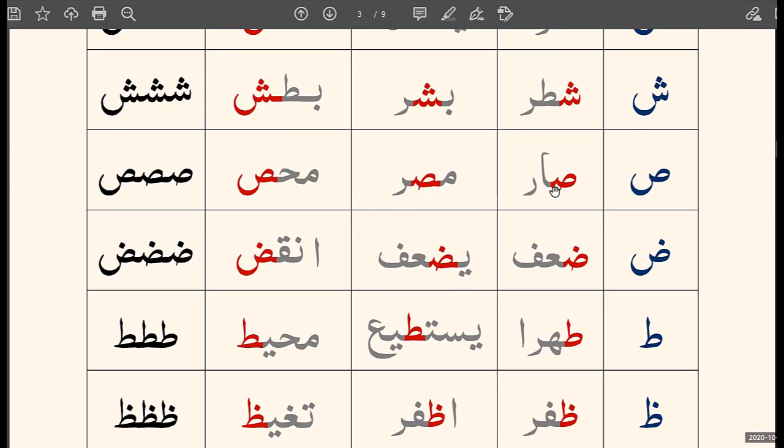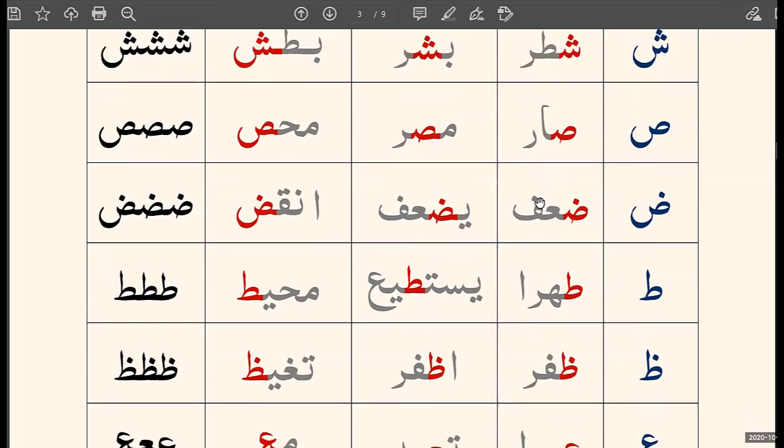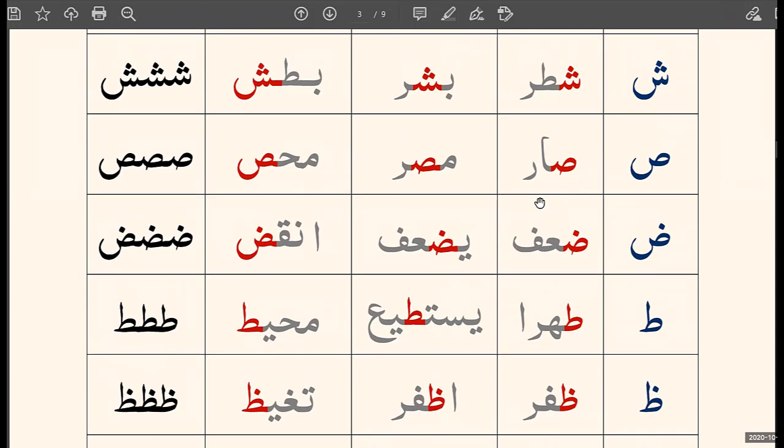This is a meaningful word used in the Quran. We are just waiting for the coming lessons, inshallah, to practice with proper harakat as used in the Quran, and then they will be meaningful words.